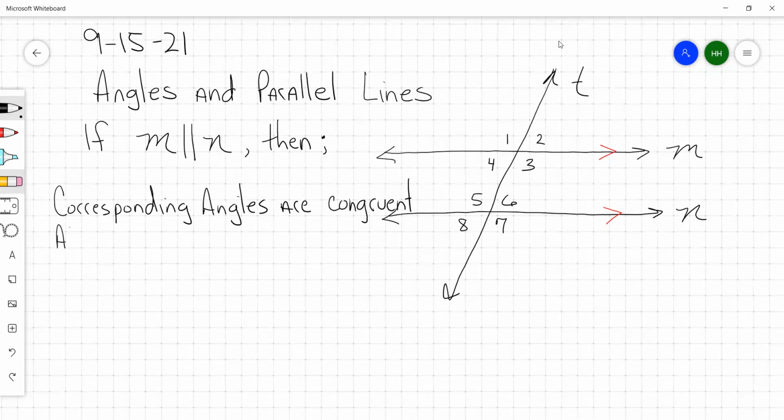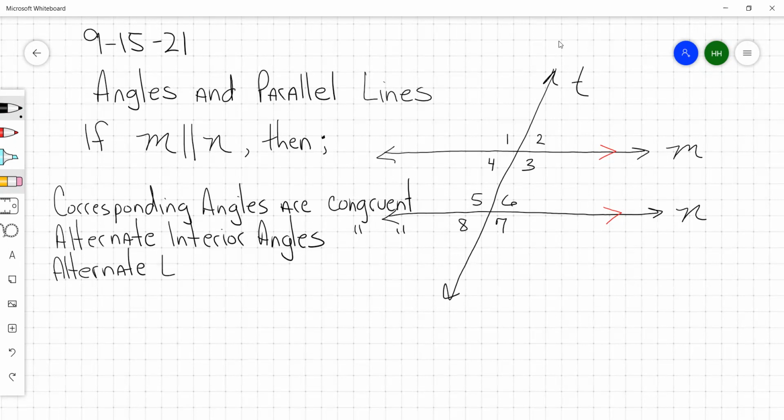Alternate interior angles are congruent. Alternate exterior angles are congruent.